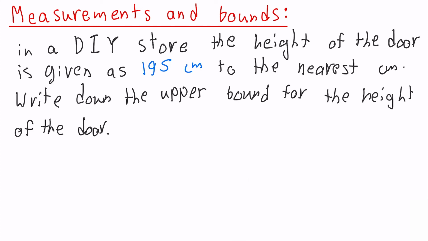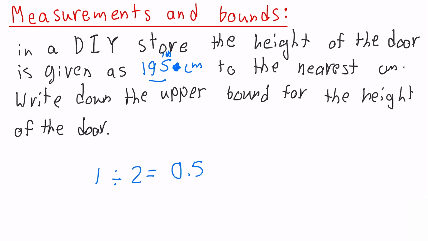Now let's do some exercises. Here's a question. In a DIY store the height of the door is given as 195 centimeters to the nearest centimeter. Write down the upper bound for the height of the door. It's only asking us for the upper bound. The first number from the right is the 1s unit, so 1 divided by 2 equals 0.5.